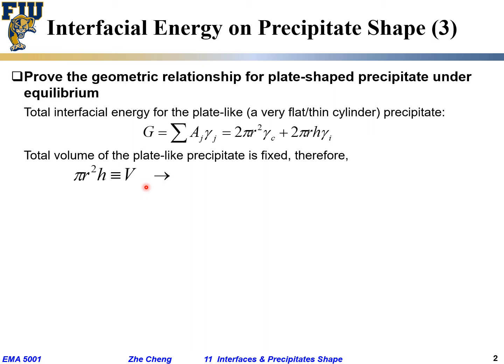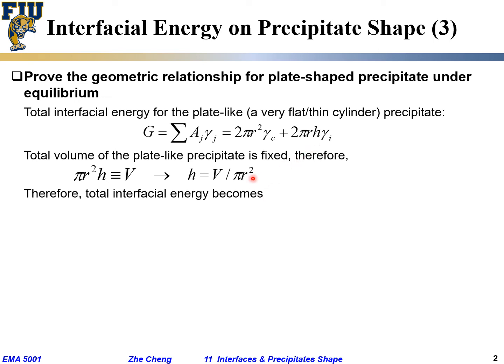I'll put it another way. If we are going to represent h as a function of V and r, remember V here is a constant. So h, the height of this cylinder, is the total volume divided by the normal cross-section area of the cylinder. Okay? Then the total interfacial energy now becomes what? We now replace h with this.